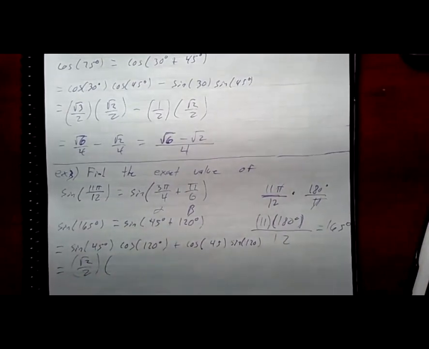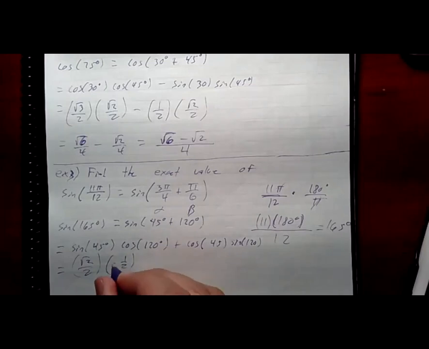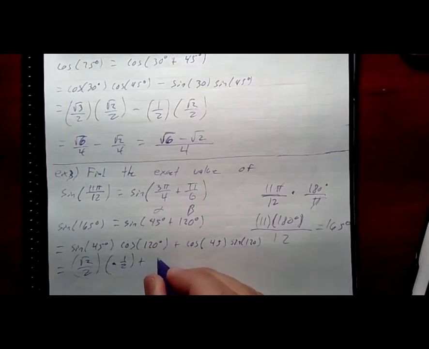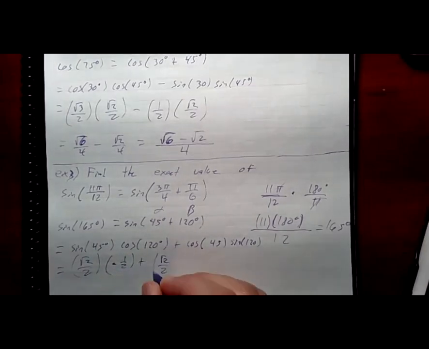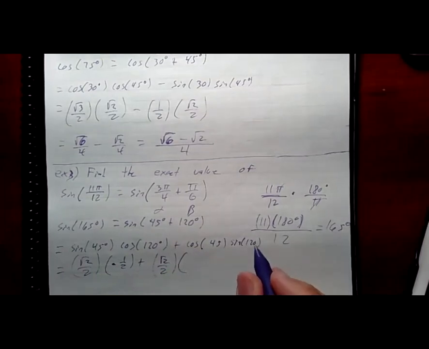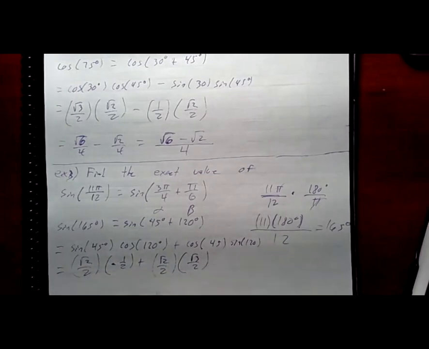So cosine of 120, I think you can see it on the circle. It's negative half, plus square root 2 over 2 times that guy, which will be square root 3 over 2. So that'll give me negative square root 2 over 4 plus square root 6 over 4.